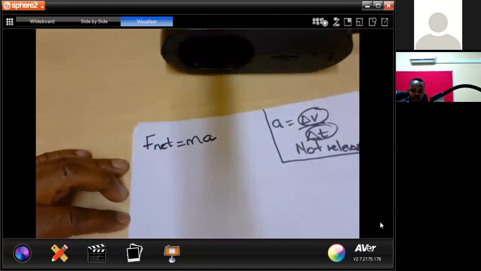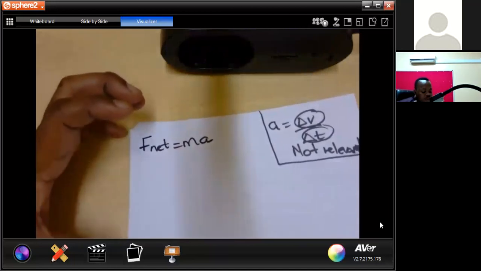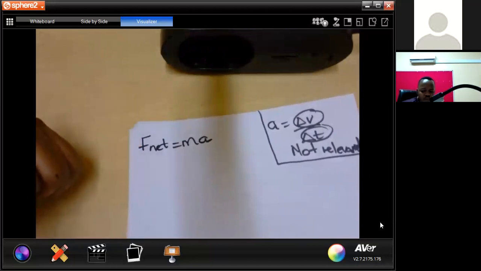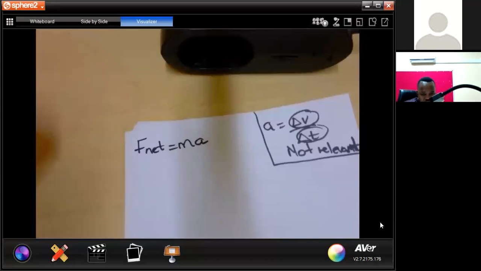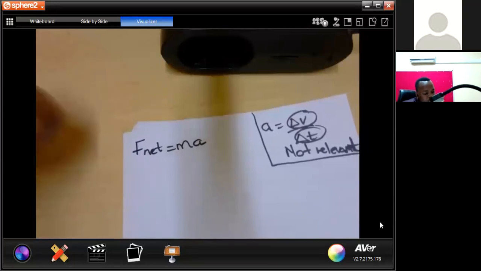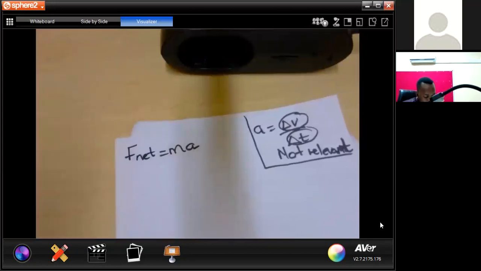Are we together? Now we are dealing with 2 objects here. So if we are dealing with 2 objects, then we need to deal with each object separately. Now, when we deal with each object separately, we will be able to get all the 7 marks.